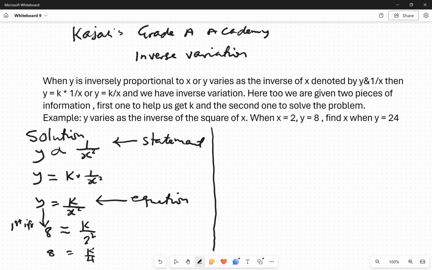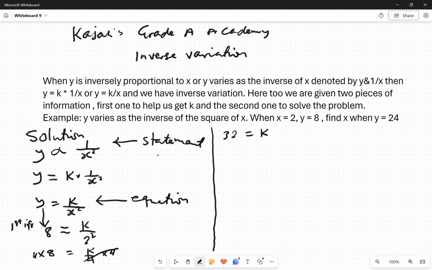And remember our change of subject, we have to multiply both sides by 4. So you multiply here by 4 and you multiply here too by 4. This one cancels that. So we now have 4 times 8 is 32 is equal to k.